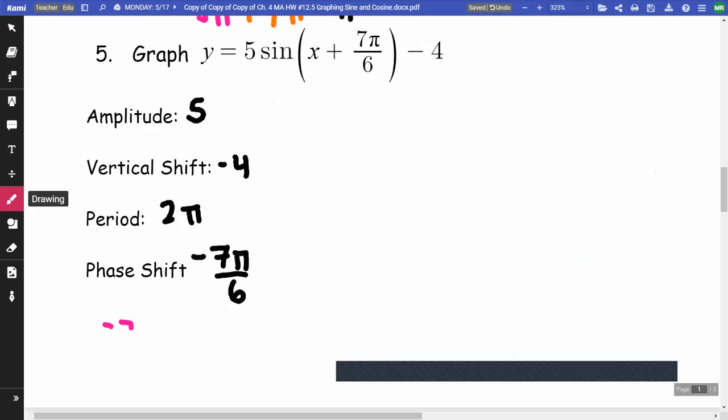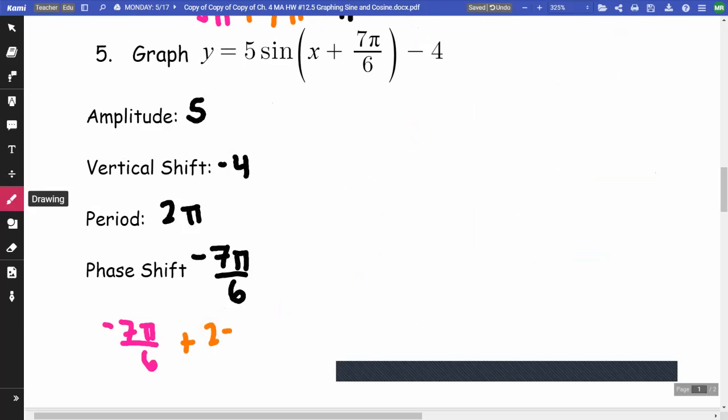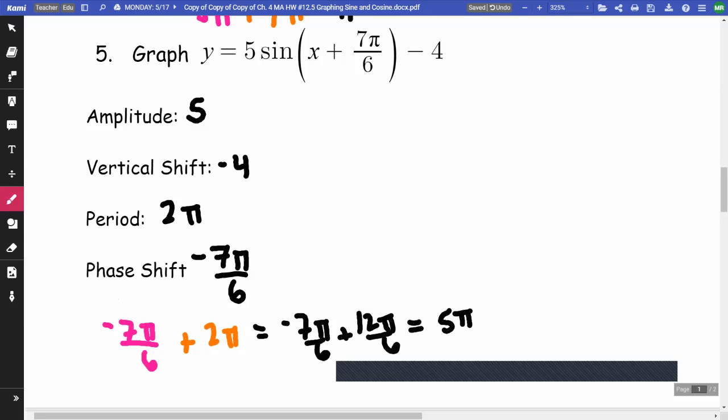So we're going to start at -7 pi over 6. We're going to go 2 pi away. And so when I'm doing that, that's going to be -7 pi over 6 plus 12 pi over 6, which is going to put me off at 5 pi over 6.